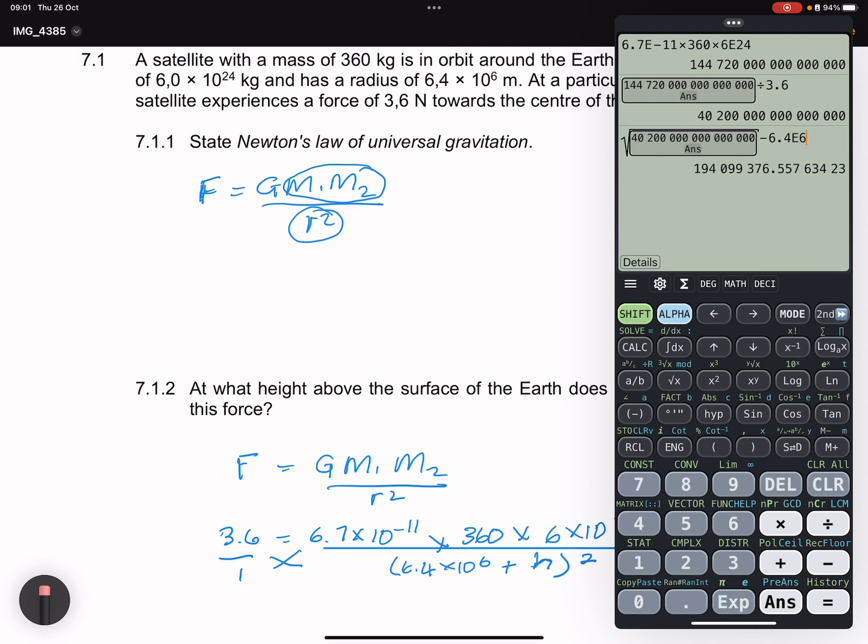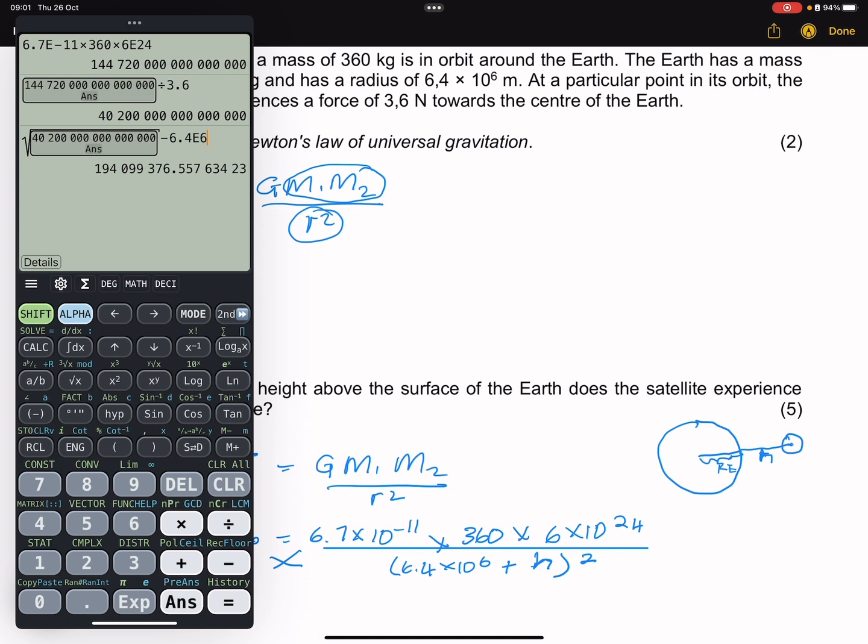So I get an answer for the height of, please do help me out if you are able to, 1.94 times 10 to the power of, looks like 8.